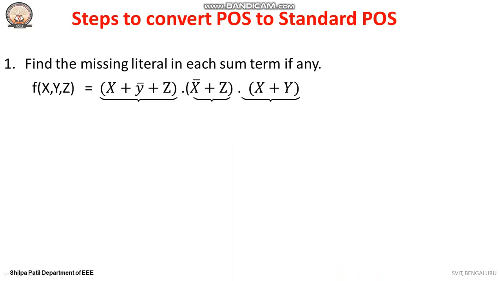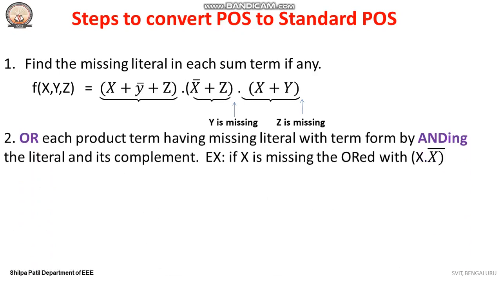The first sum term has all the variables, but in the second and third, one variable is missing. In the second, y is missing, and in the third sum term, z is missing, right? So this is the first step.